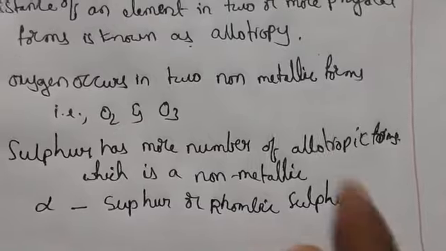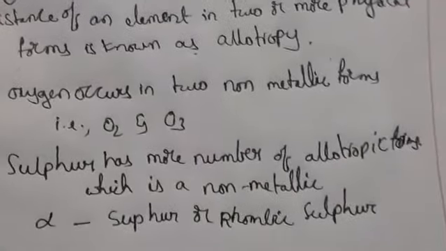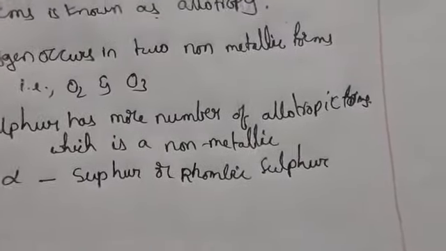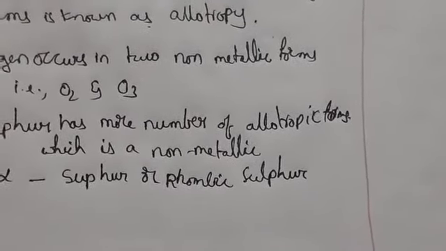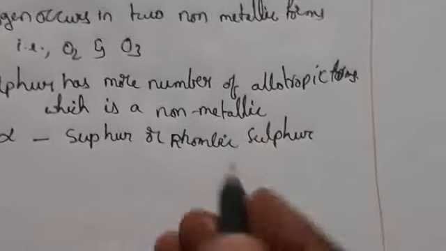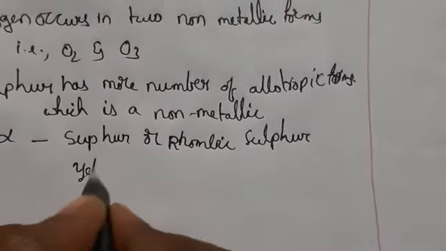The first form is alpha sulphur, also called rhombic sulphur. Rhombic sulphur is yellow in color.